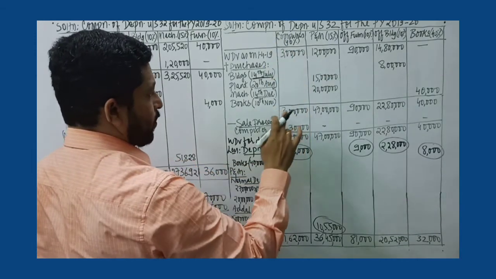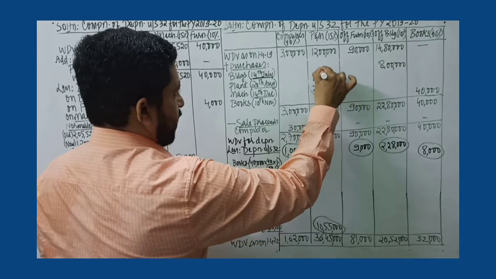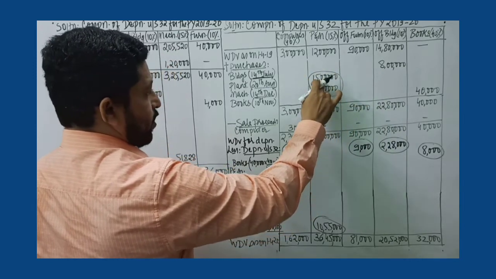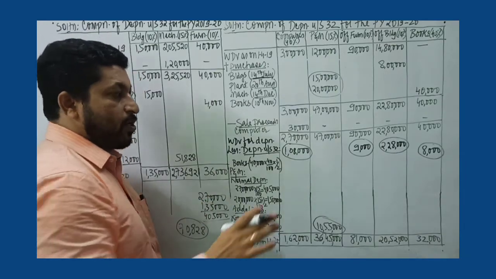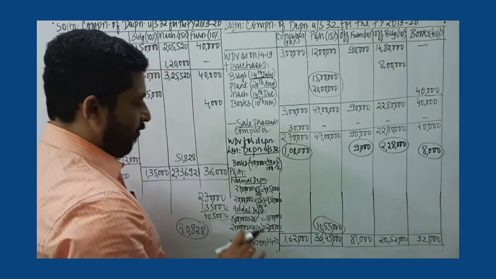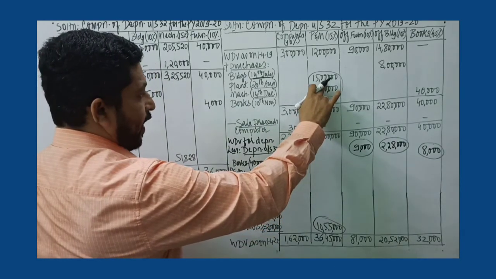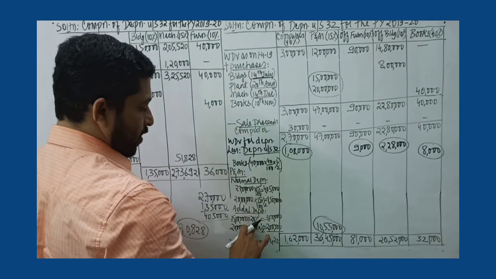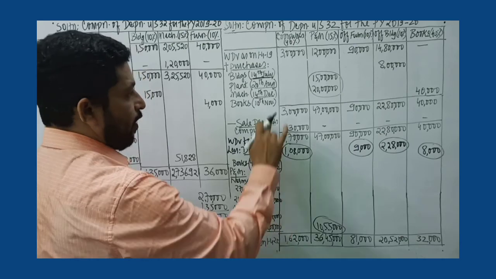Other than the normal depreciation, we also have additional depreciation on these assets, assuming these are purchased and installed in the factory, used for production. Additional depreciation is applicable only for plant and machinery installed in the factory. The value is 15 lakh, additional depreciation rate is 20%, so 3 lakh rupees.